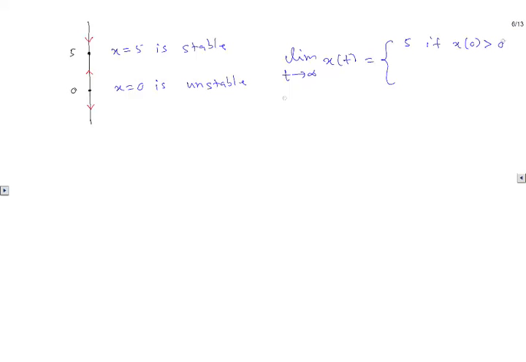So if you start with a value which is larger than 0, you can see it's going to converge to 5, and it's going to stay 0 if the starting value is exactly 0. If the starting value is exactly 0, it's never going to increase. It's going to stay there. It's like you have to start with a population of 0.